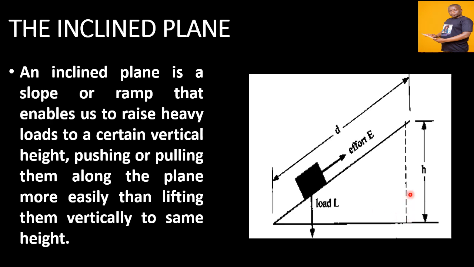Lifting an object through a height is always hard, especially if the object is very heavy. Lifting it manually through this height is very difficult. But if you move the same body through a plane or a ramp, you can do it much, much easier.